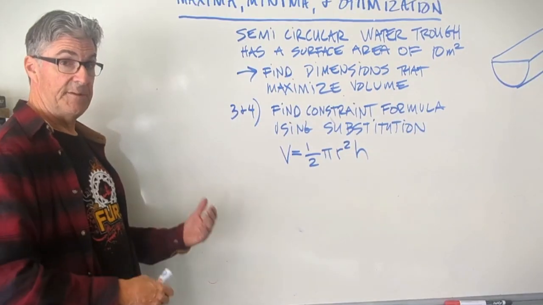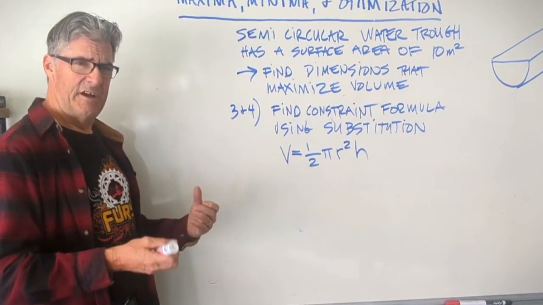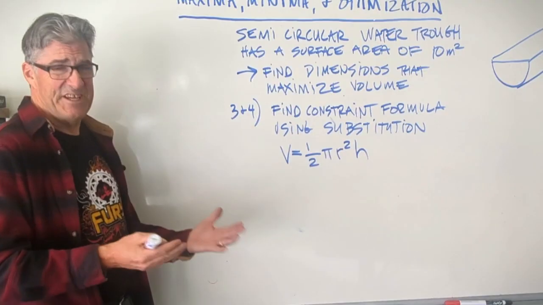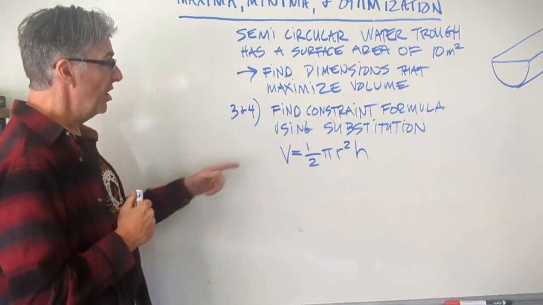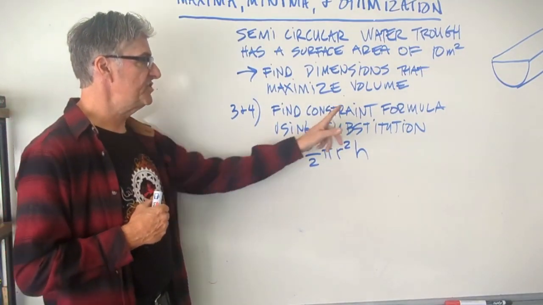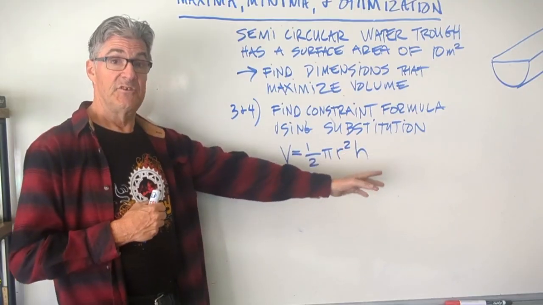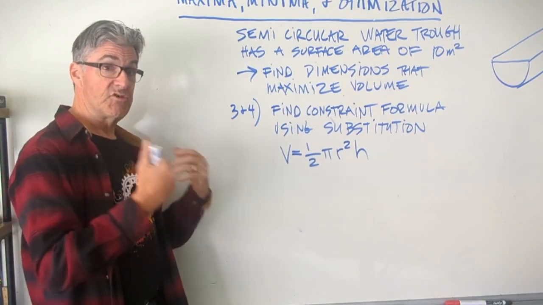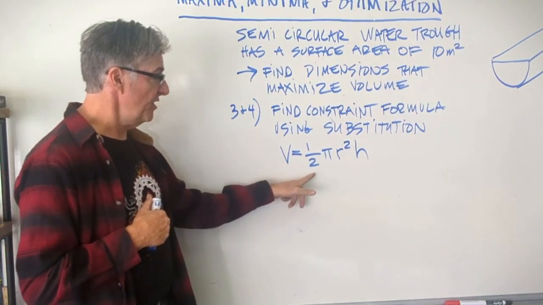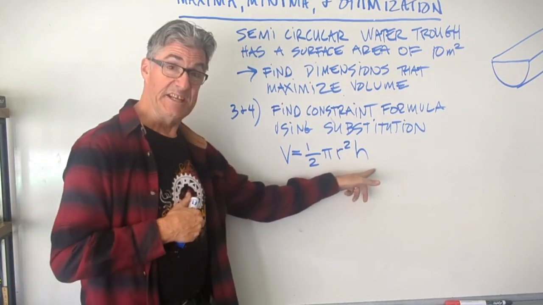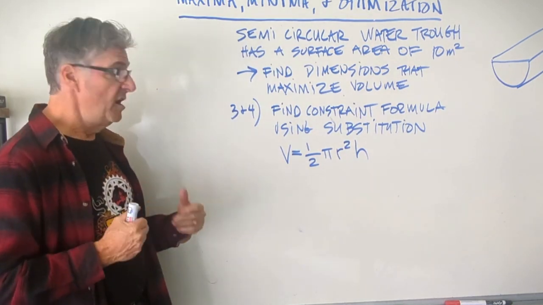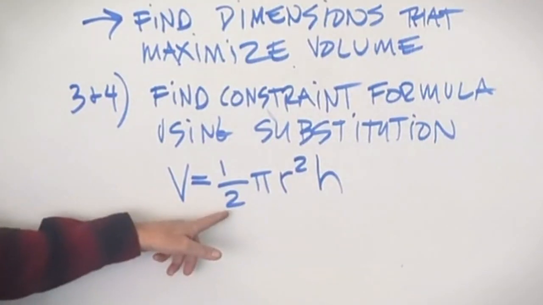All right, I'm going to put steps 3 and 4 together because looking over my notes, I realized it really is just one step. We need our constraint formula, and we use substitution to get it. So volume is the thing we're trying to maximize. The constraints on volume are the variables in the formula. So before we go on, I want you to tell me why 1/2 showed up here.